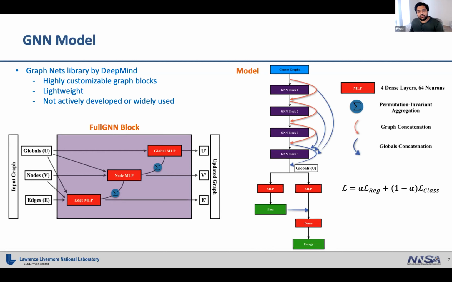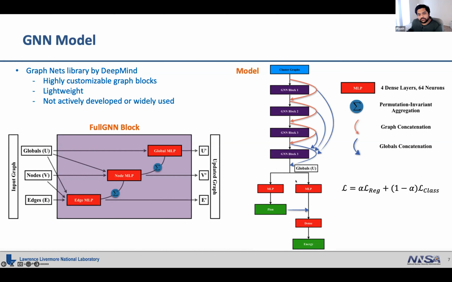The model itself that we used looked something like this. You have the initial cluster graph as the input, followed by four of these full GNN blocks, and then this model is actually performing the classification and regression simultaneously.